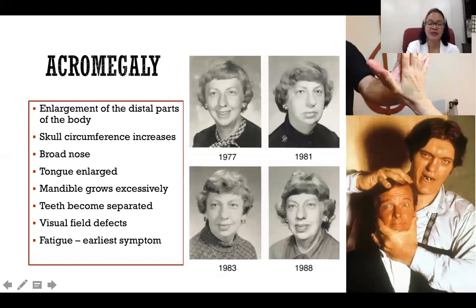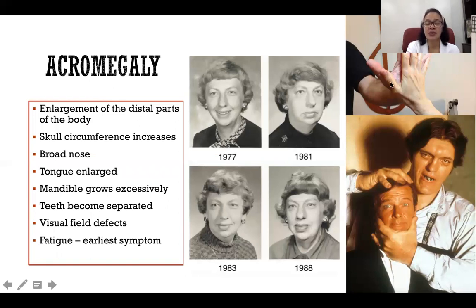How about in adults? This is what you call acromegaly. You can see here the series of pictures of this patient affected by acromegaly, comparing the facial features from this year and the latest, which is 1988. This one is normal, and this is a patient having acromegaly. Patients may have enlargement of the distal parts of the body, increase in the size of the skull, a very broad nose, and an enlarged tongue.